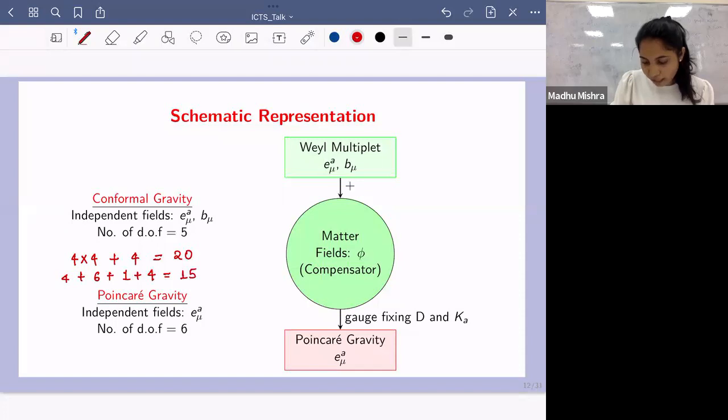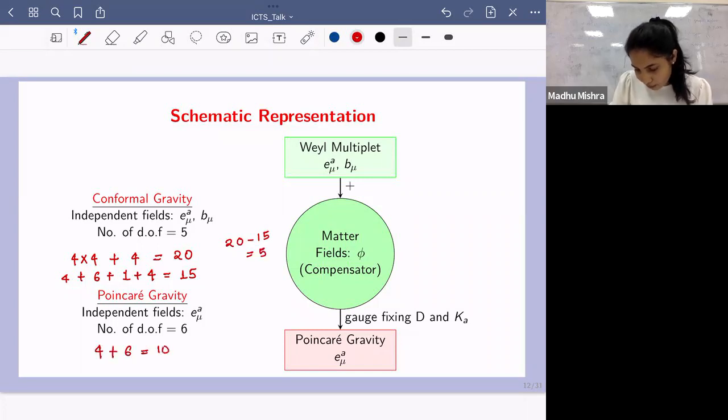After subtracting the gauge symmetries from the number of components of independent fields, we have 5 degrees of freedom in conformal gravity. And we know in Poincare gravity, we only have E mu A as an independent field, and we have translation and Lorentz transformation.